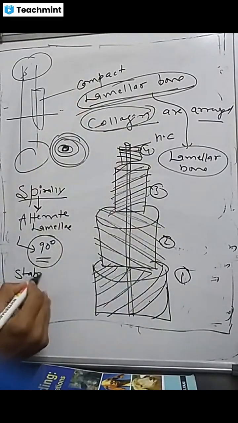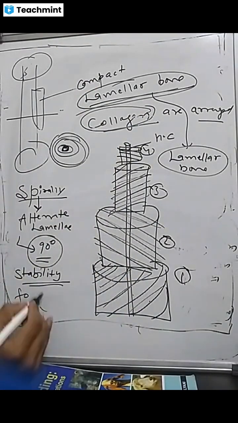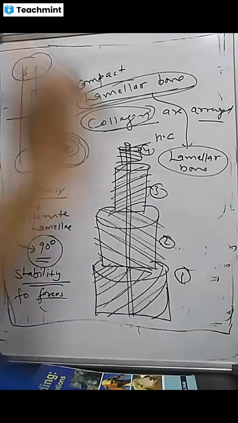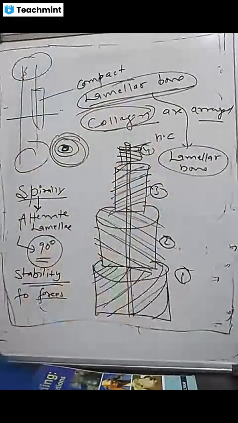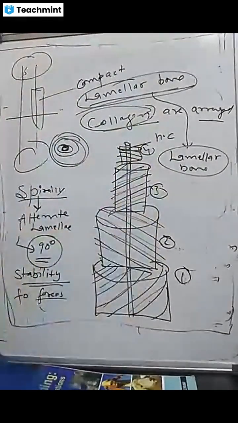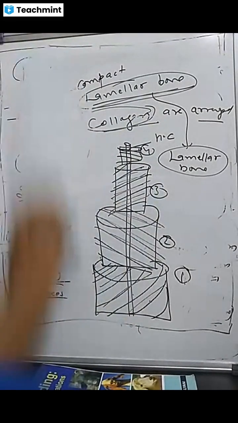This arrangement can withstand forces from two directions. If some load is on the bone, such an arrangement will provide more stability, and this is called lamellar arrangement.